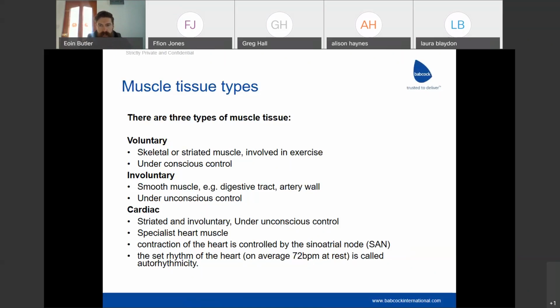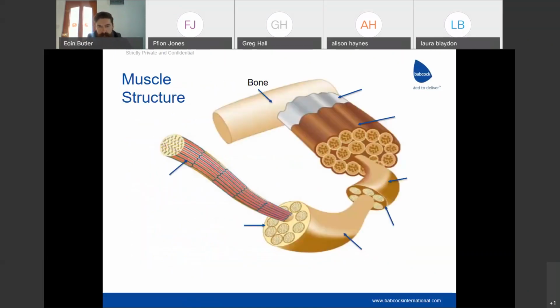So muscle structure looks a little bit like this. So we've got the bone. What attaches the muscle to the bone is a tendon. The outer layer of the muscle, so surrounding the whole muscle, we've got the epimysium. Inside the epimysium, we've got our bundles of muscle fibers. Each bundle of muscle fiber is also known as a fasciculi.